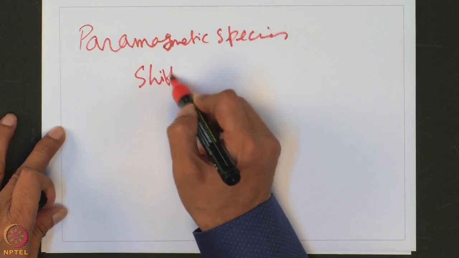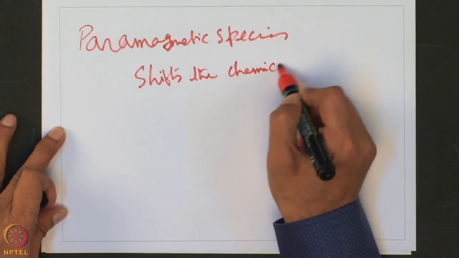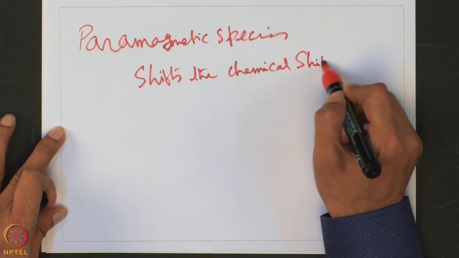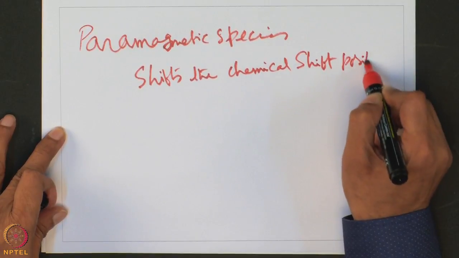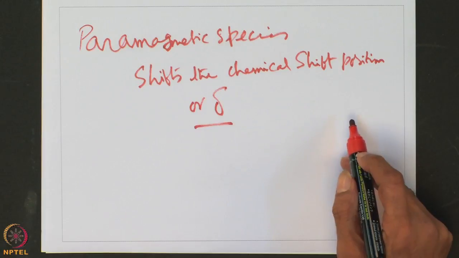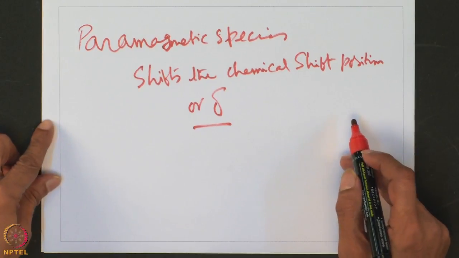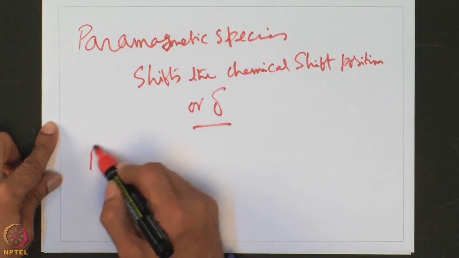So, the paramagnetic species shifts the chemical shift position, known as delta. So, the delta can be changed. The other parameter that can also shift is the relaxation time.